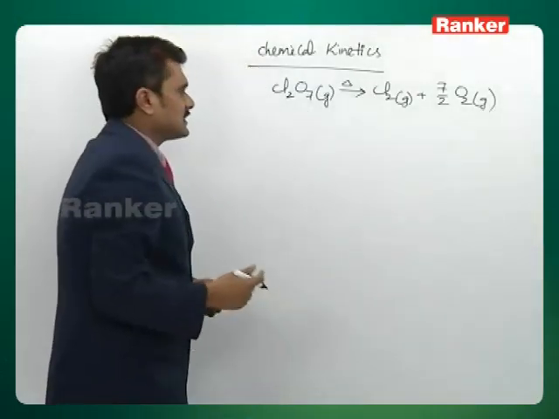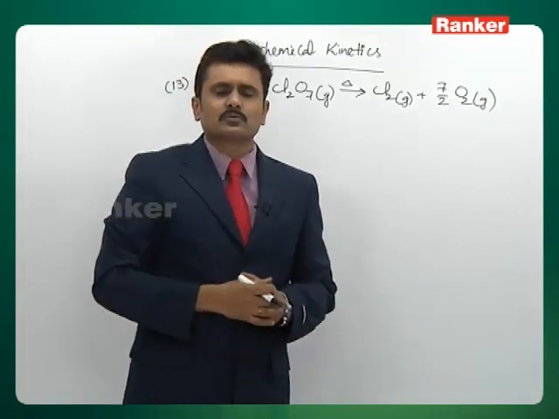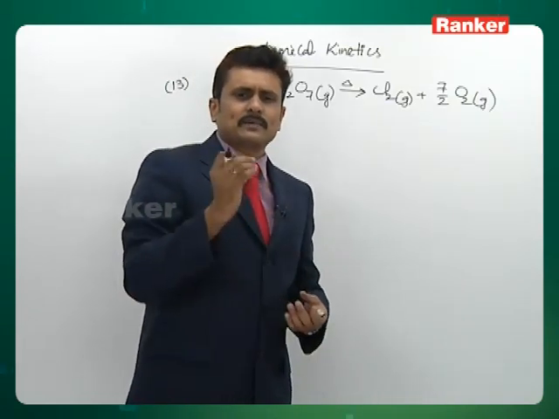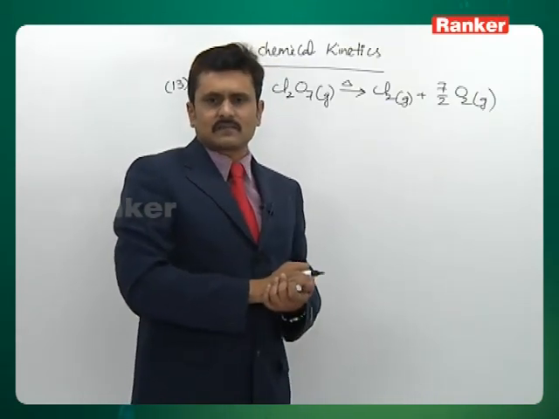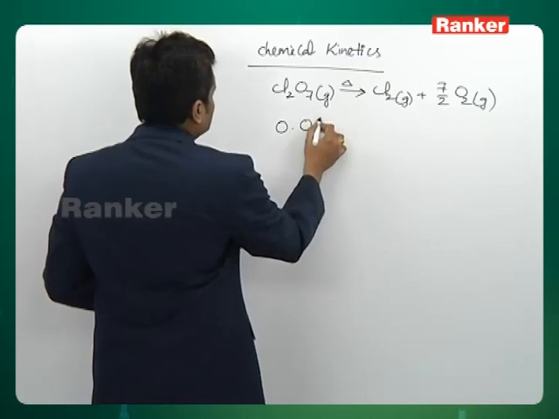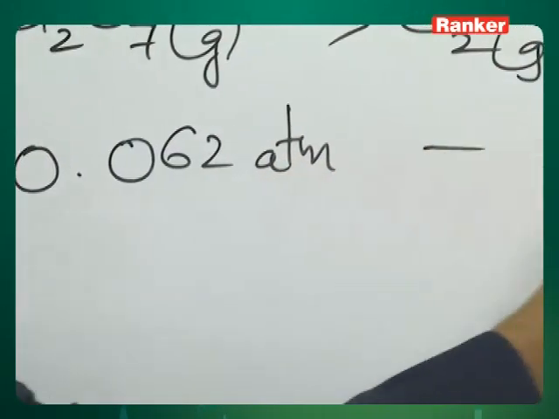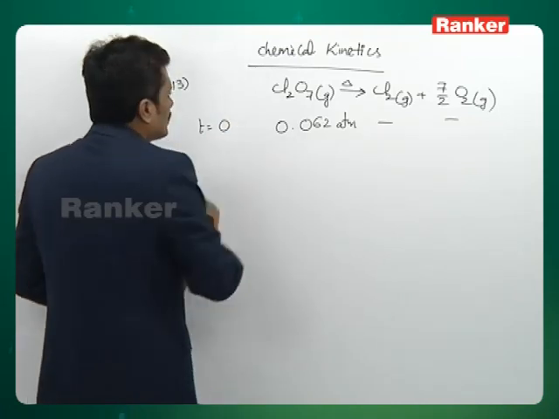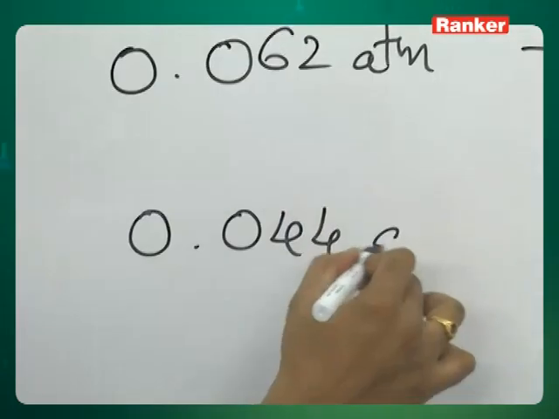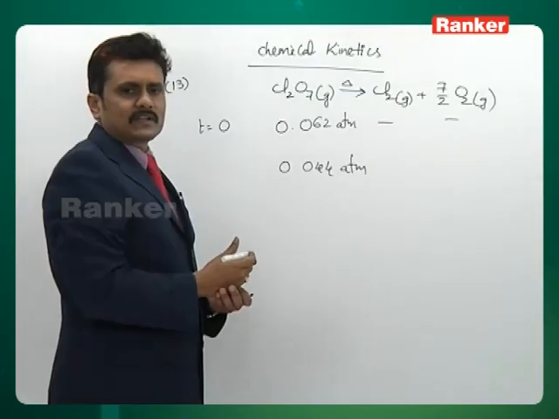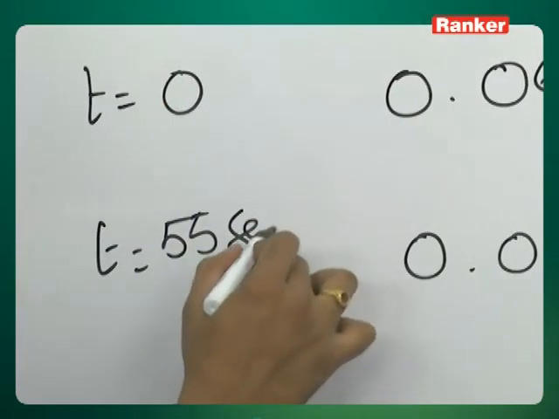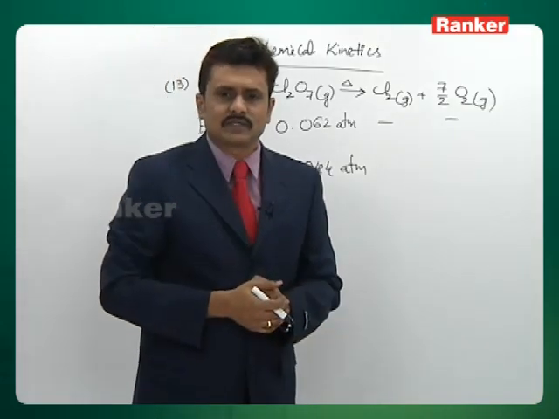Now, since we are dealing with pressure changes, first of all, it is our duty to balance this equation, and we can see that after 55 seconds the pressure of Cl2O7 is falling from 0.062 atmosphere to 0.044 atmosphere over a period of time. It is given that it is 55 seconds during which the pressure of Cl2O7 has changed.